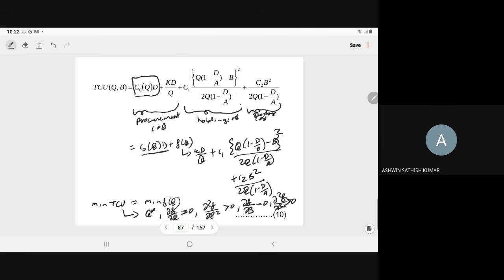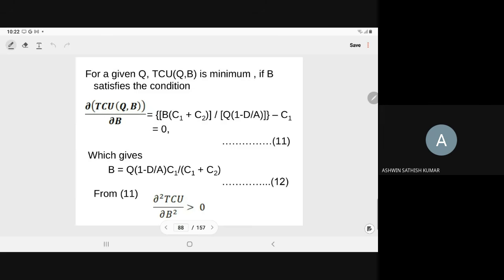In this case, you have some Q, or optimum Q, so here we will follow that procedure. For a given Q, TC(Q, B) is minimum when B satisfies the following condition.